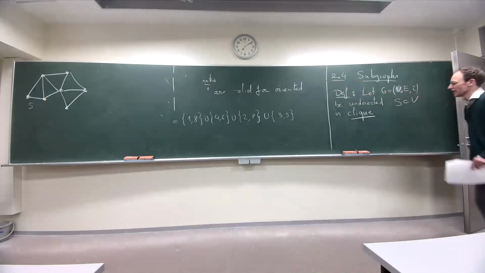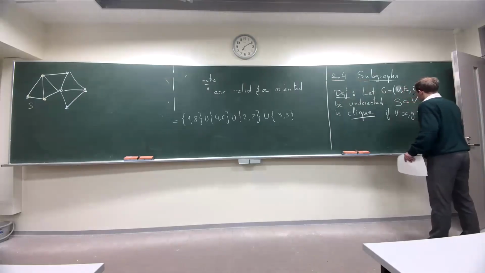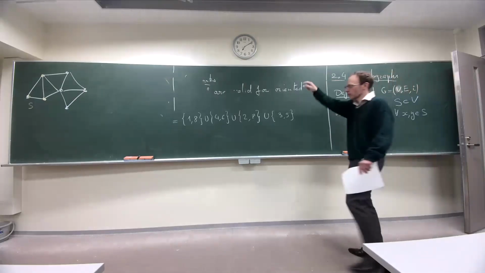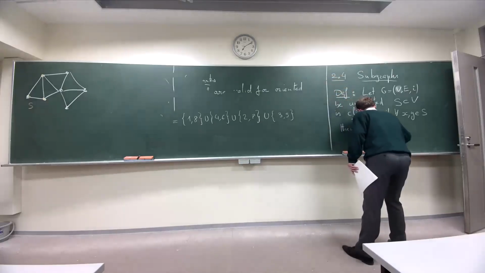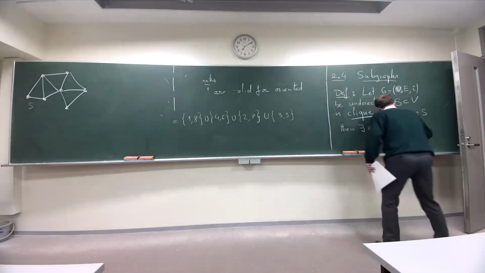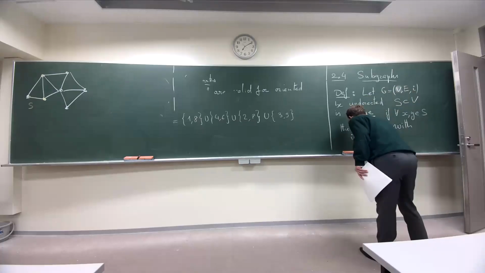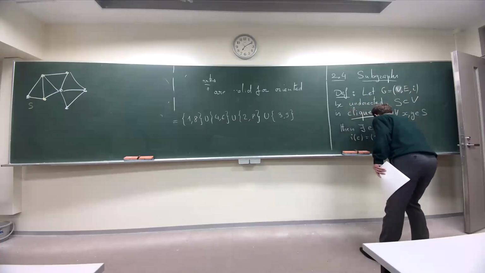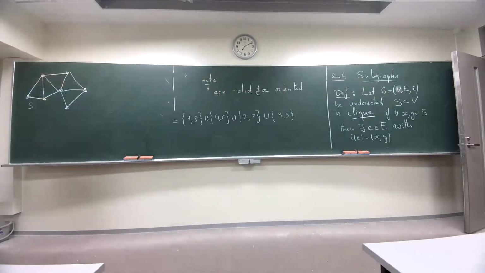This is the definition: it is a clique if whenever you take 2 elements in S, so 2 vertices X and Y in S, then there exists an edge in E with phi of E equal to X, Y. Can you understand this definition? Whenever you take 2 points in S, there exists an edge between these 2 points.